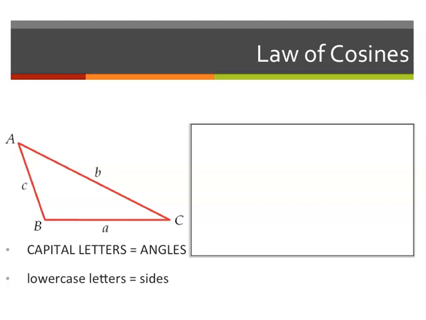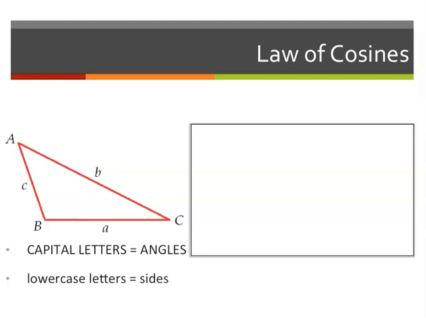You'll notice that all the angles are labeled with capital letters: angle A, angle B, and angle C, right? On the other hand, lowercase letters are used for the sides of the triangles. So we have the angles in a triangle, we have the sides of a triangle. Capital letters for angles, lowercase letters for sides.